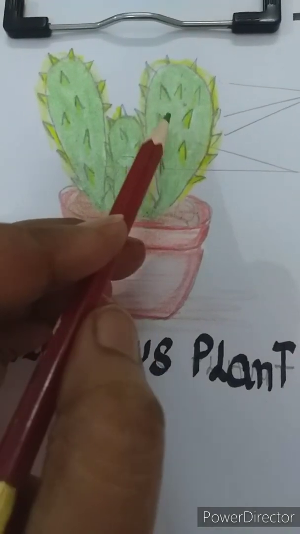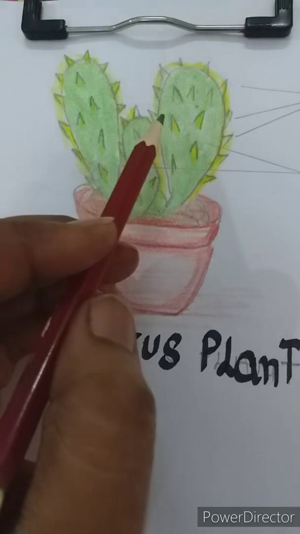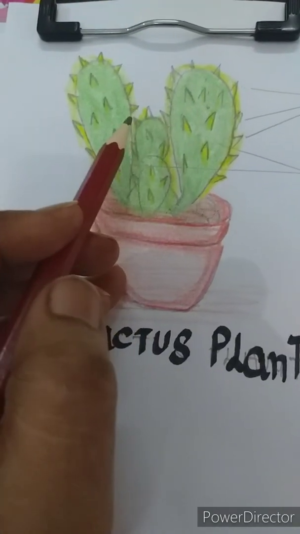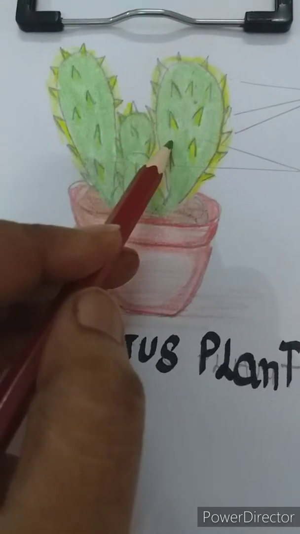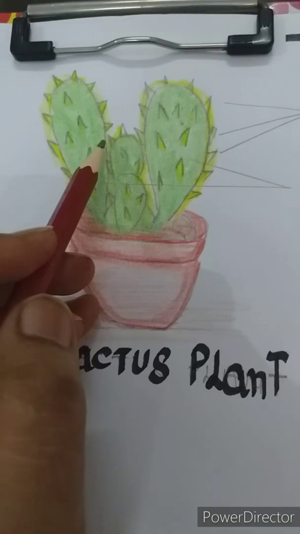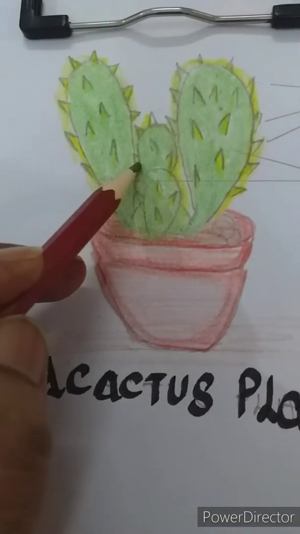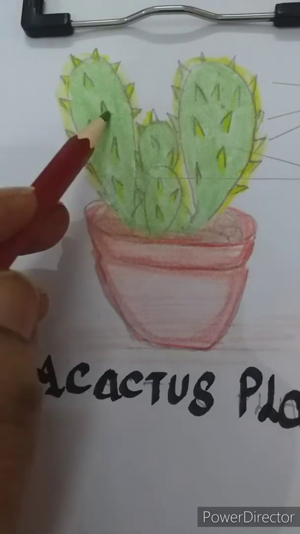It's because, children, evaporation takes place from tiny pores that are present on the leaves. And if leaves are not there, what will happen? No evaporation will happen. Water cannot evaporate from the leaves if leaves are not there.